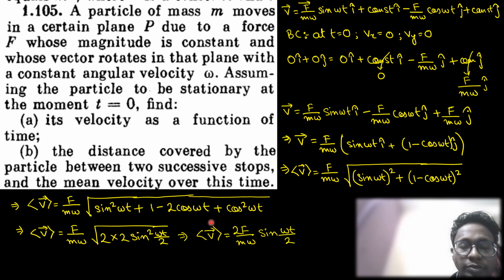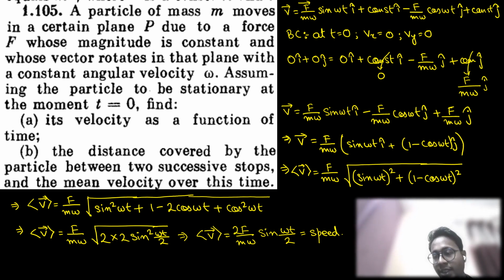This is the magnitude of velocity, which is also known as speed, instantaneous speed. Instantaneous velocity magnitude is always equal to instantaneous speed. Now from this equation, we got the equation of speed.